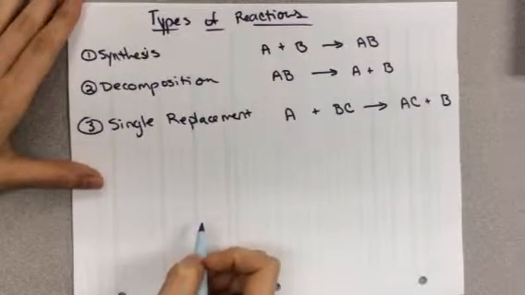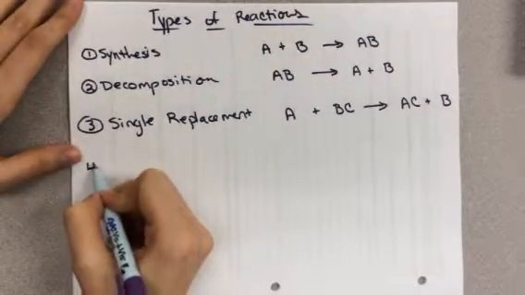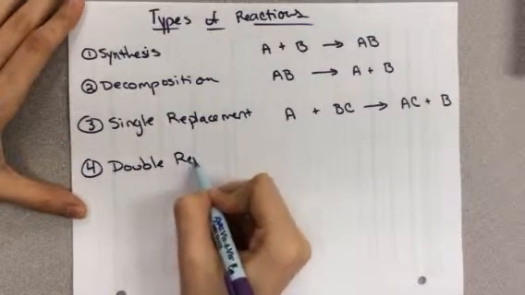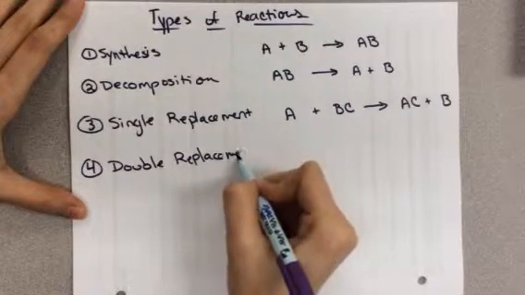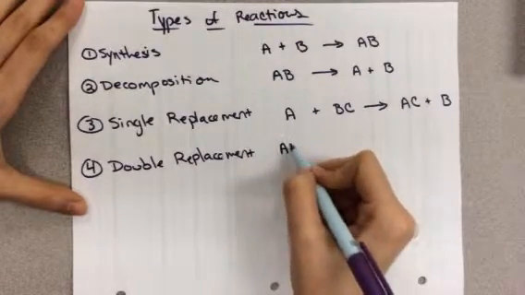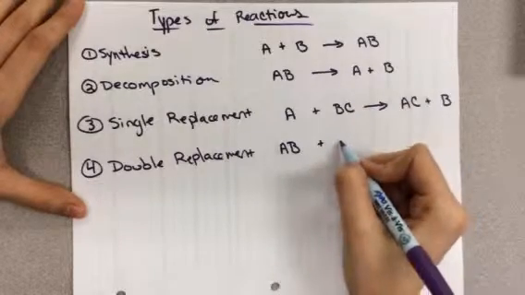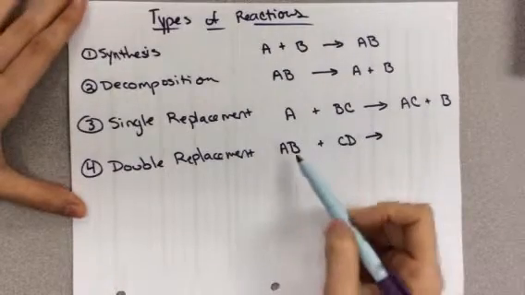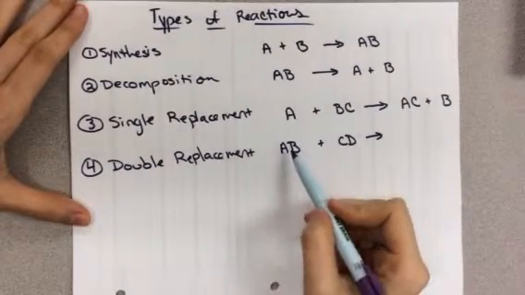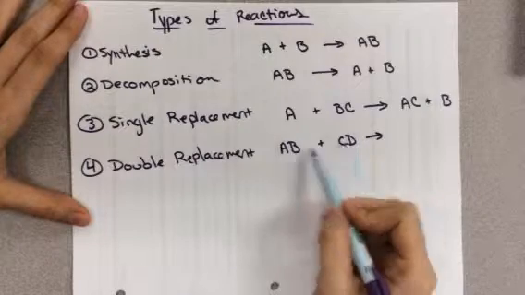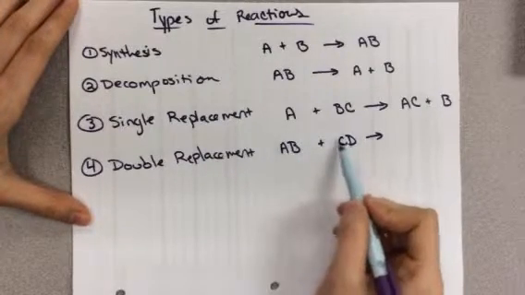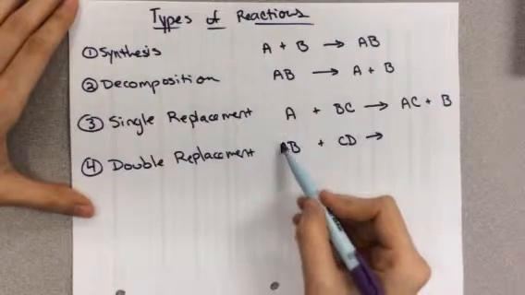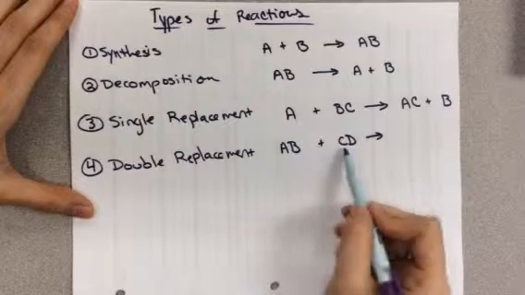Okay. We'll also have something called double replacement. In this case, you've got two compounds and they both switch partners. Now, in this case, you really need to be aware that A is not going to bond with C. Remember that the first atom or ion in a compound is always the cation, so you're not going to have this cation bonding with this cation.